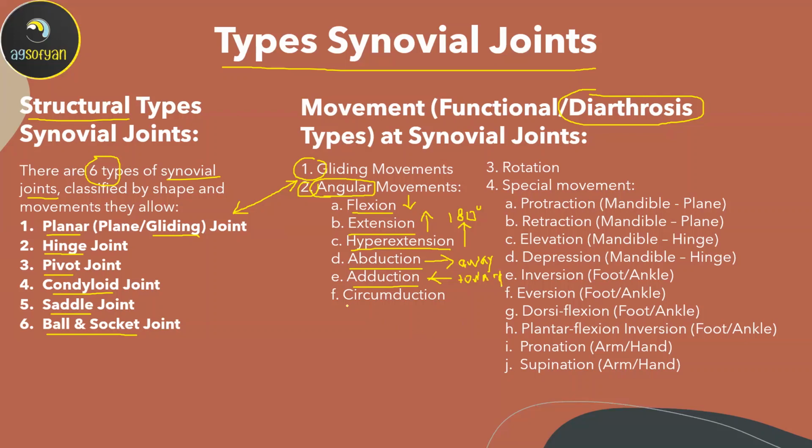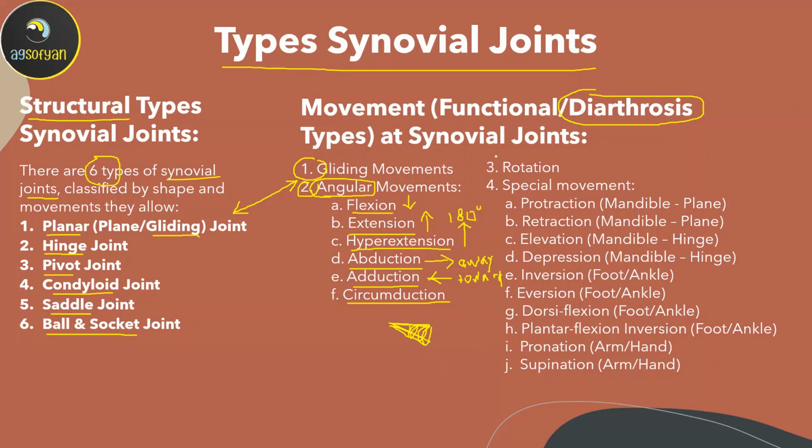And the last one for the angular movement is called circumduction, a type of movement that gives a cone shape. For example, if you make a circular movement of your shoulder, it will give this cone-shape movement, and this is what we call circumduction.